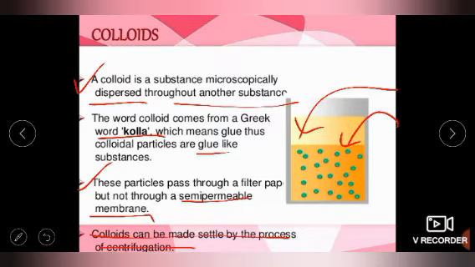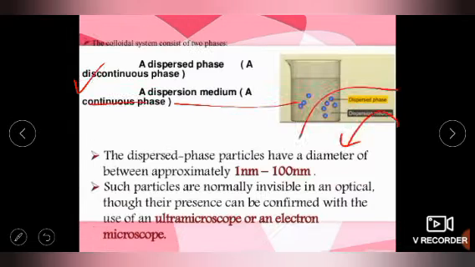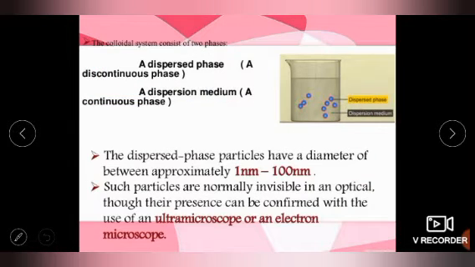Dear students, you have done all these things in 9th class. Centrifugation is a process in which we can separate and purify the mixture of colloidal particles from the solution. There are two phases in a colloid that are very important to understand.